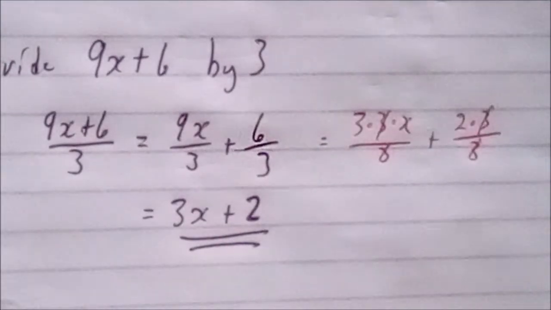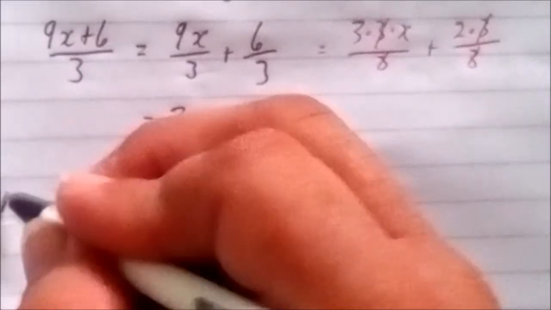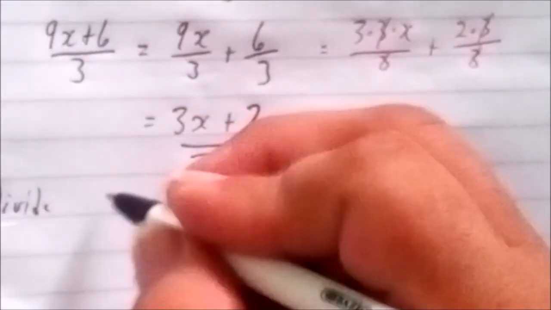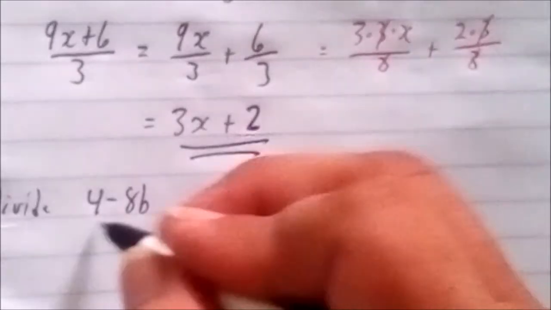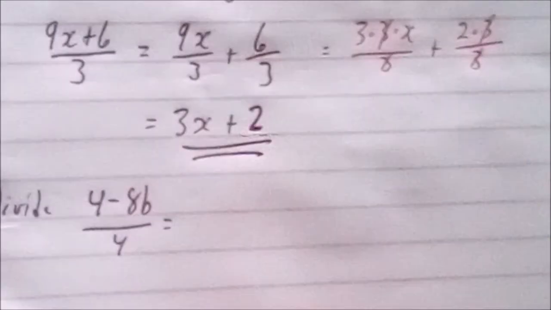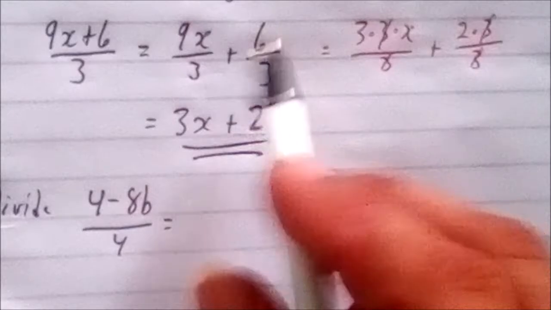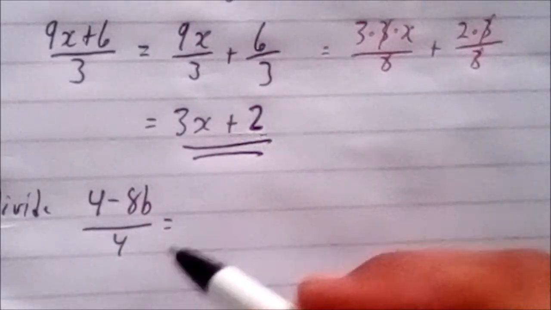All right, let's do our next example: divide 4 minus 8b over 4. If I don't tell you by words divide by, you need to understand that this means division.